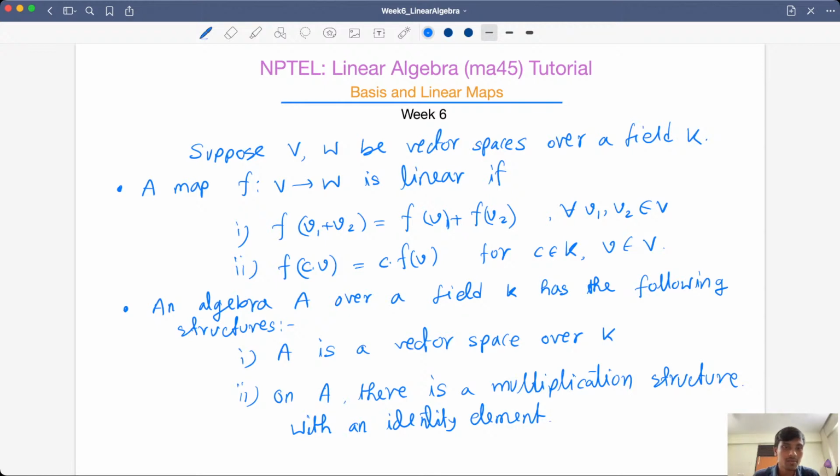An algebra map is again a linear map, first of all as a vector space, and it also respects the multiplication structure.